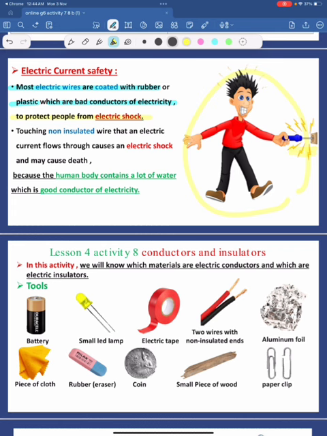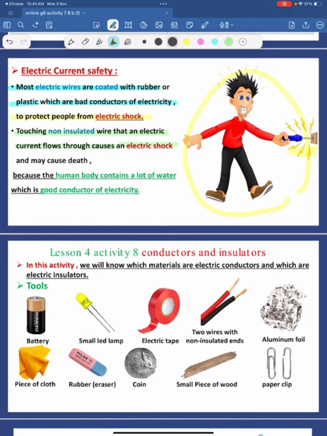If these wires were not covered with plastic or rubber, the wire would cause electric shock for us. As an example, touching a non-insulated wire that an electric current flows through causes an electric shock.